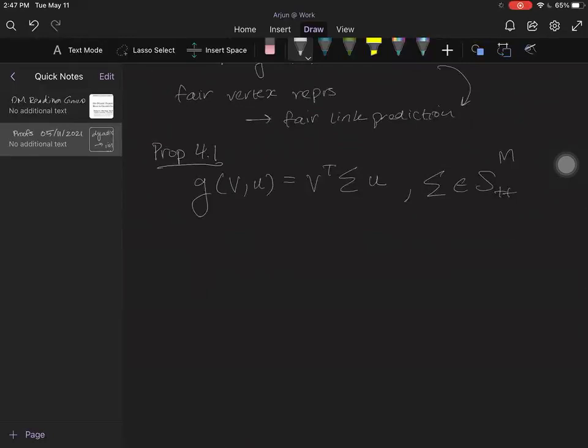Now we're going to add some more assumptions here. We're going to say there exists a Q greater than 0, such that for all the vertices that we have in our graph, the L2 norm of the representation for that vertex is going to be less than or equal to Q. So we're essentially saying here that the norms of all the vertex representations are bounded.